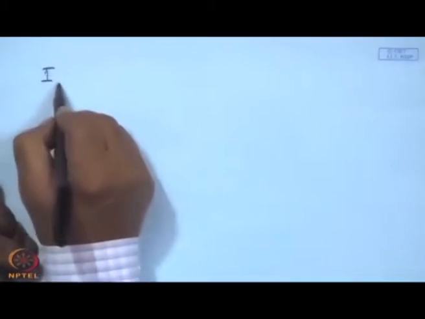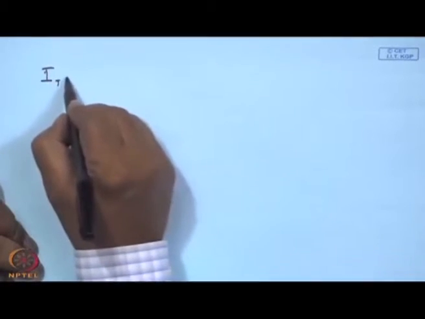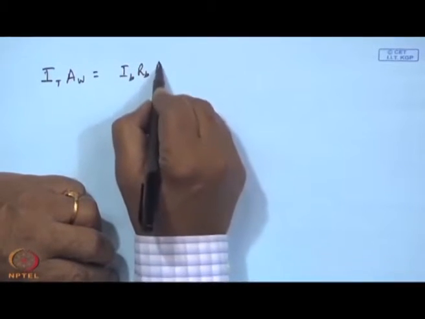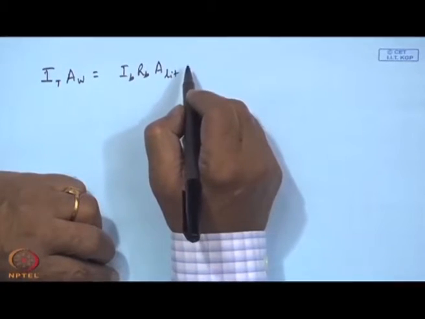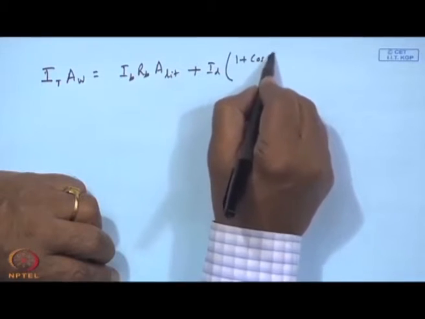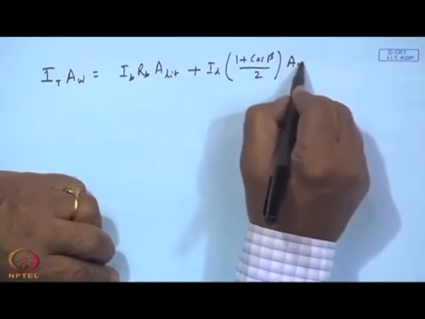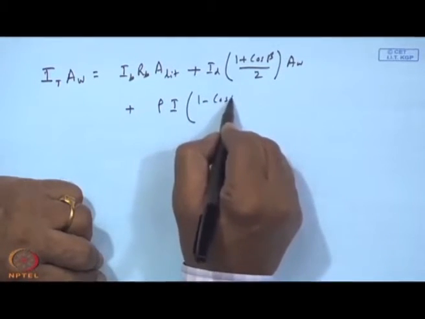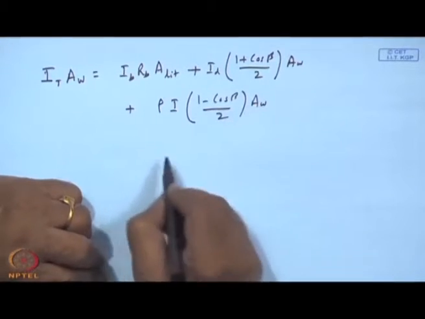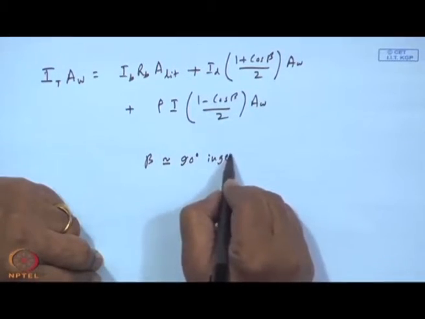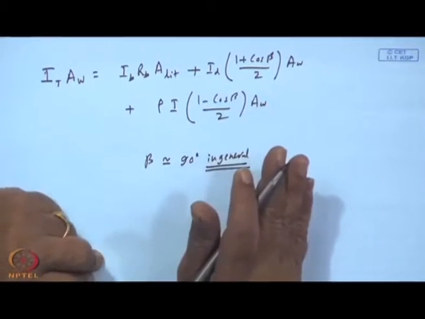So, if I try to write the solar radiation received by the window per unit area of the window, I t into A w is the total quantity of solar radiation that the window is receiving, and should be equal to I b R b multiplied by only the A lit, because the beam radiation does not fall on the shaded area, plus the diffuse radiation I d times 1 plus cos beta by 2 times A w, plus rho, the ground reflectance, multiplied by I into 1 minus cos beta by 2 into A w, where beta in general is 90 degrees, but it is not essential that beta be 90.